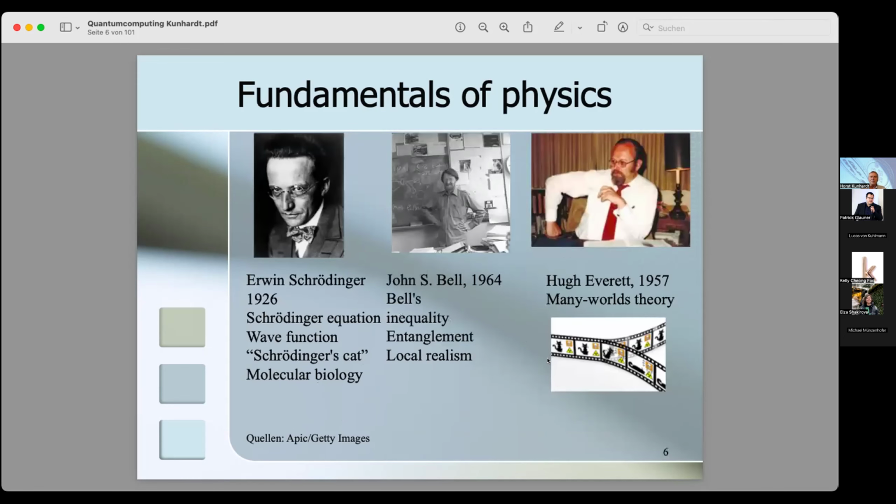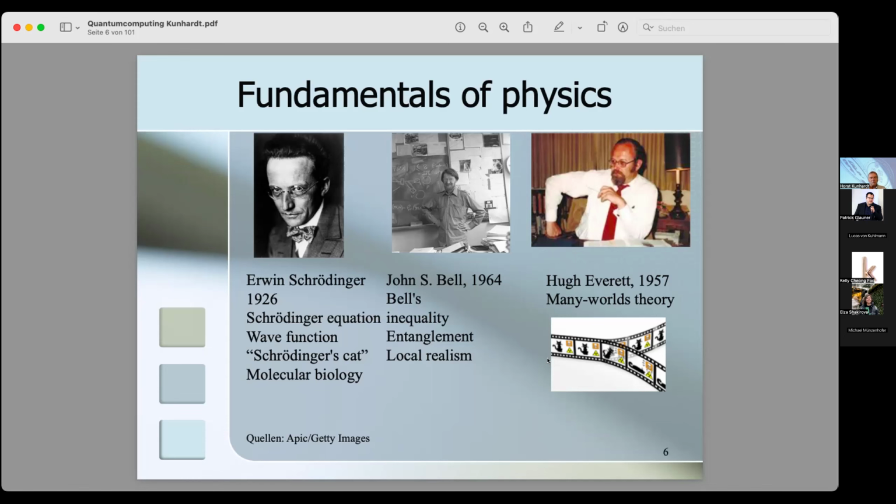Some additional names: Erwin Schrödinger, an Austrian scientist, found the so-called Schrödinger equation of the wave function, and one famous picture to explain the concept behind quantum theory is the experiment of Schrödinger's cat.